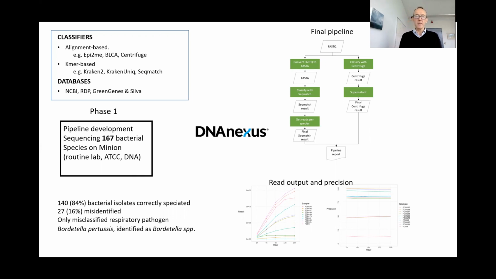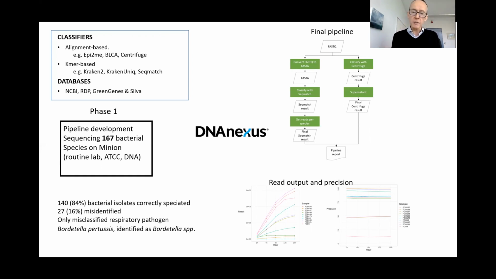After a lot of development of the bioinformatics pipeline, and I've shown the final pipeline up there, we actually use 2 classifiers, sequence match and a k-mer classifier, before giving a final pipeline report. 84% of bacterial isolates were correctly identified to species, with only 16% misidentified. Now, when it came to the respiratory bugs, only Bordetella pertussis, which came out as Bordetella species, was the only clinically relevant one that was missed.